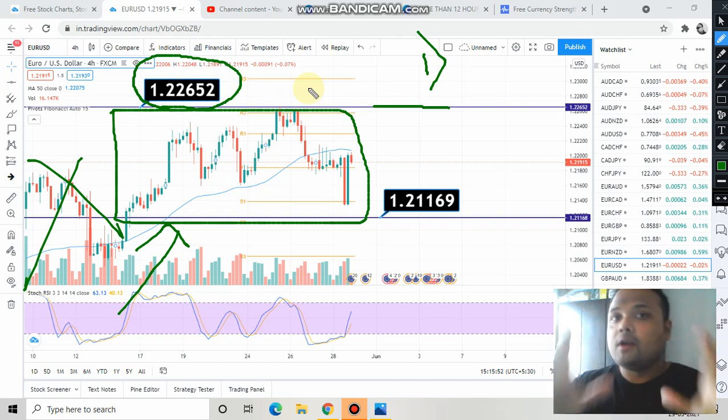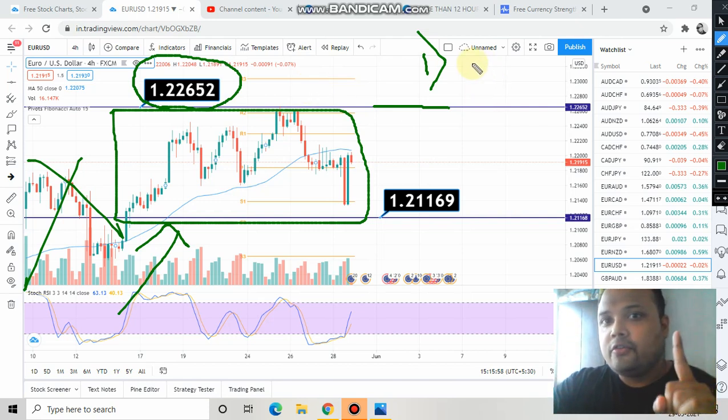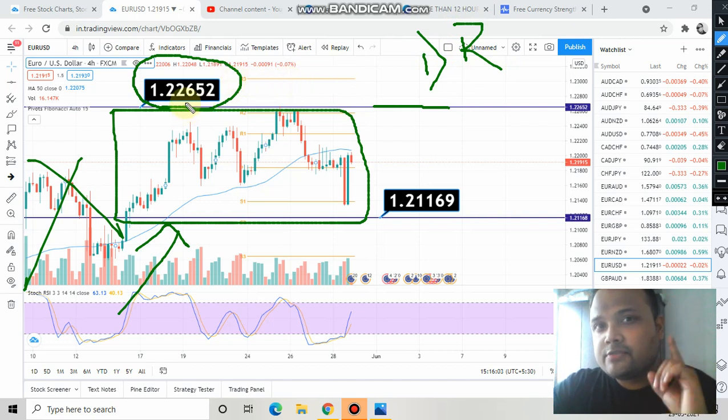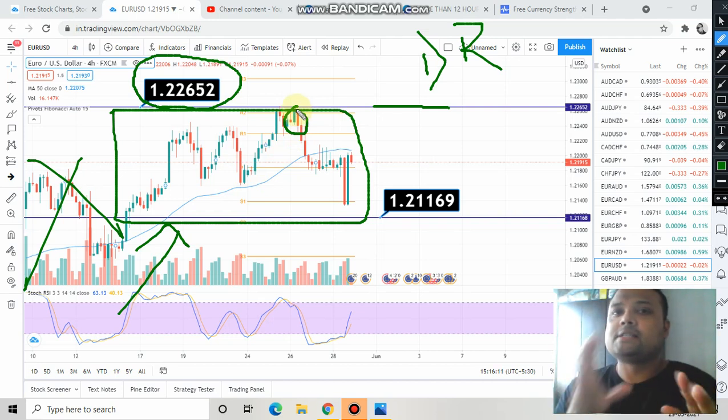Overall the market is in an uptrend, there is no doubt about it, but after reaching this resistance level, if you see the market forming red candles like this, if you see heavy selling pressure, you can short the market, because the market is struggling.